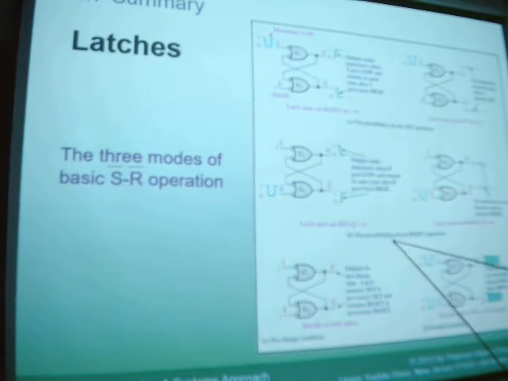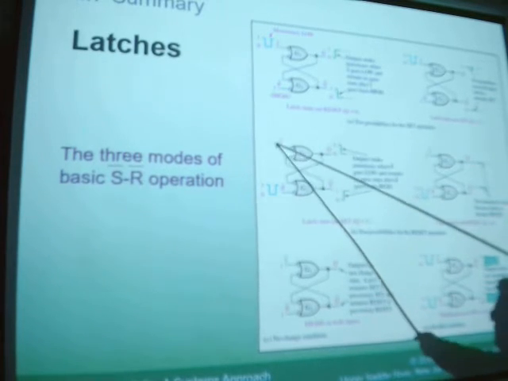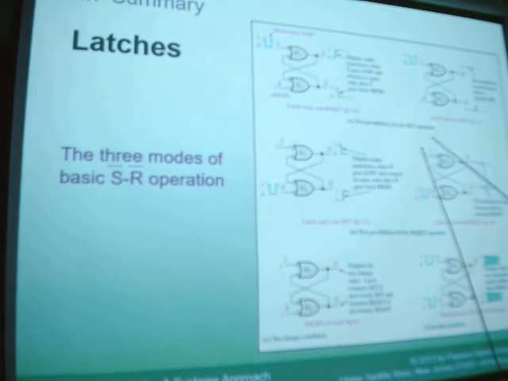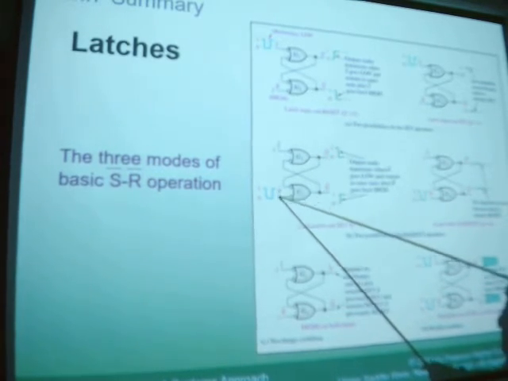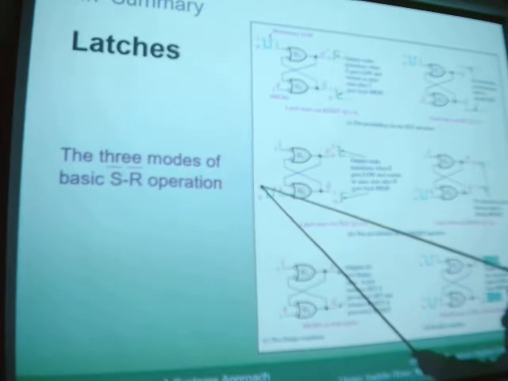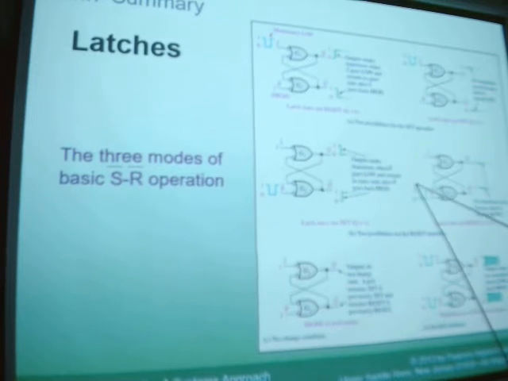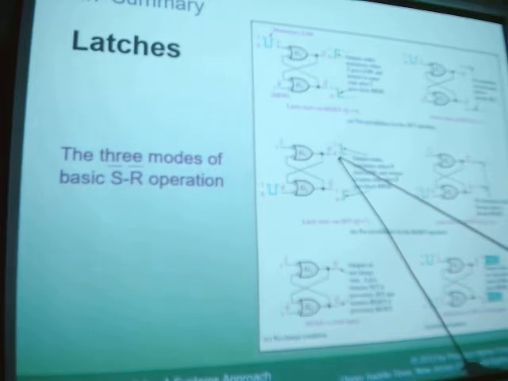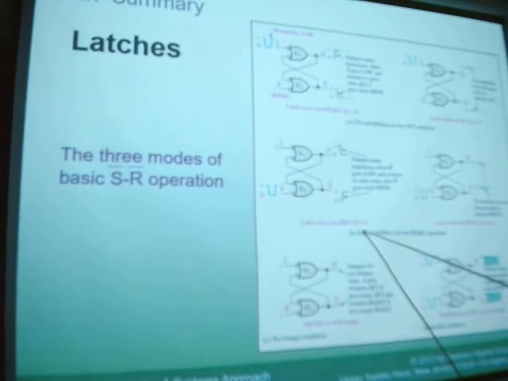So these are the two possibilities for the set operation, and two possibilities for the reset operation. Then S bar always equals 1, and R bar goes from 1 to 0 and then from 0 to 1.